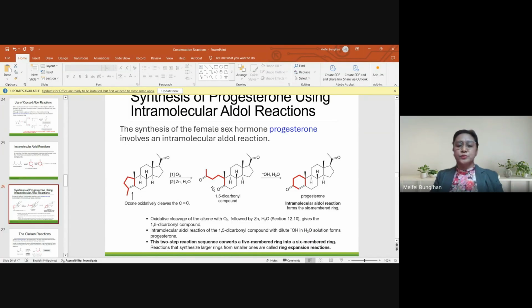And your dione can form your alpha, beta unsaturated ketone via the aldol reaction. That's why you see here the base, then the water, and then removal of HOH to form your alpha, beta unsaturated compound. That part of your progesterone is actually where the aldol reaction was involved.